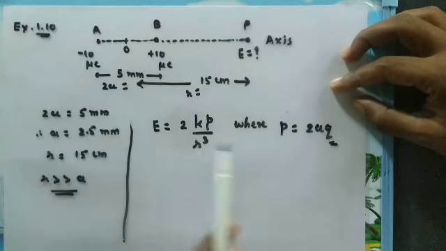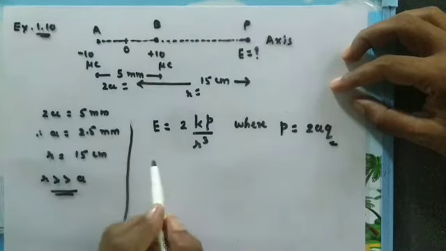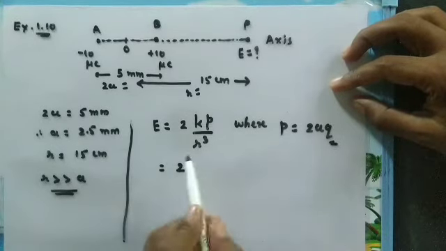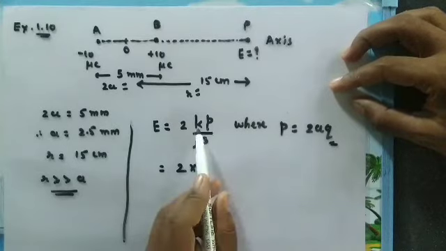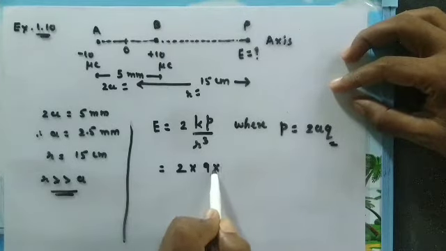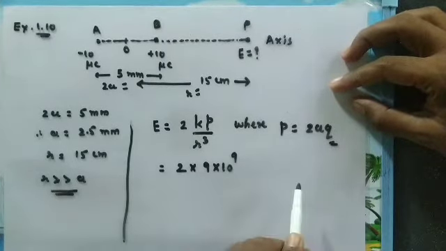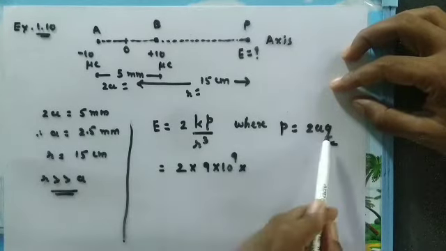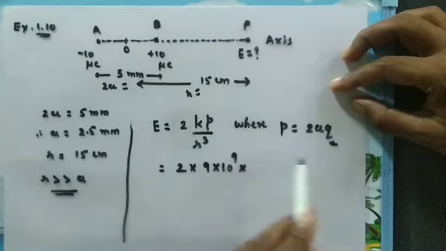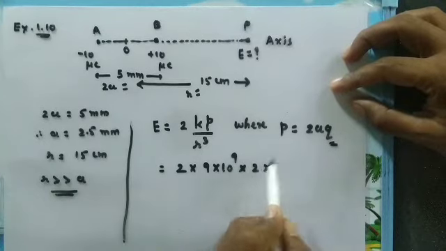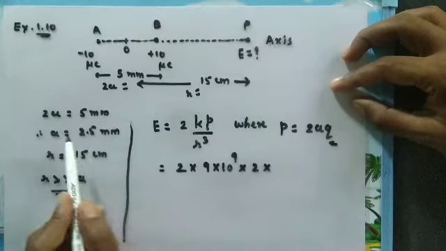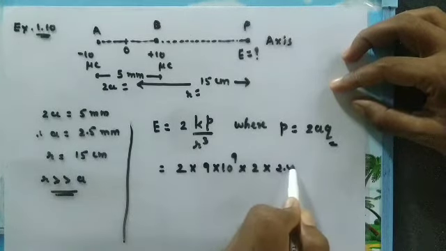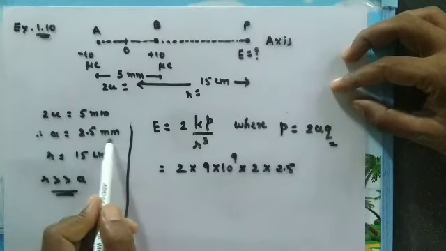So now we have to simply put the values, which is equal to 2, the value of k is 9 into 10 raised to 9, into p. But what is p? It is 2A. How much? 2.5 mm.